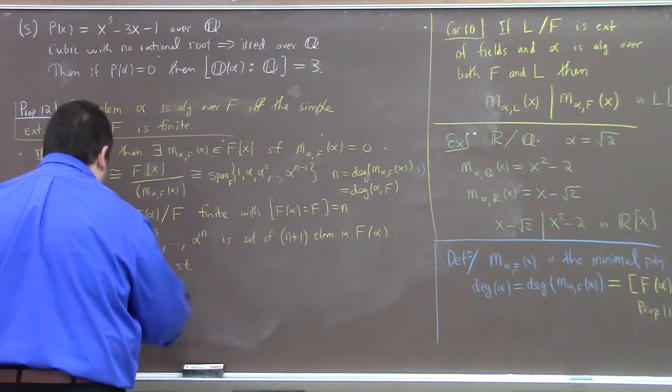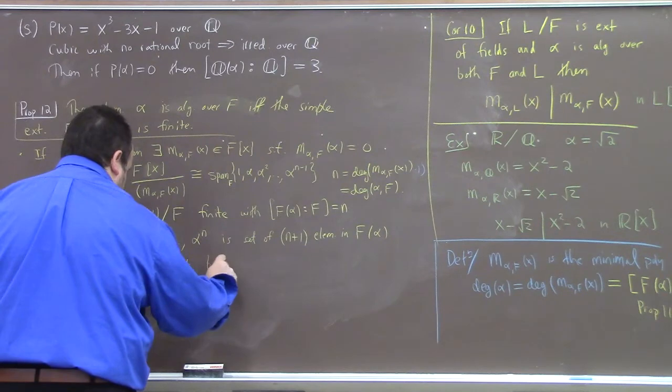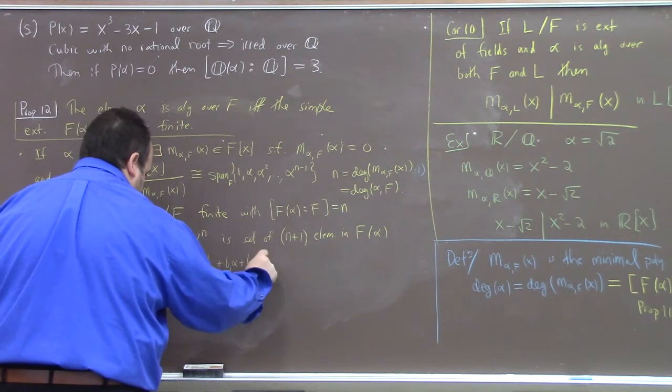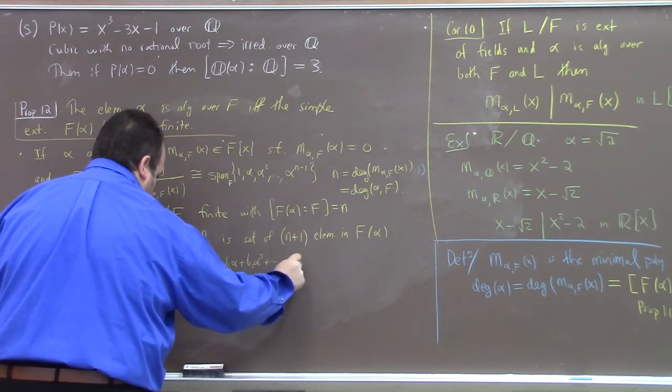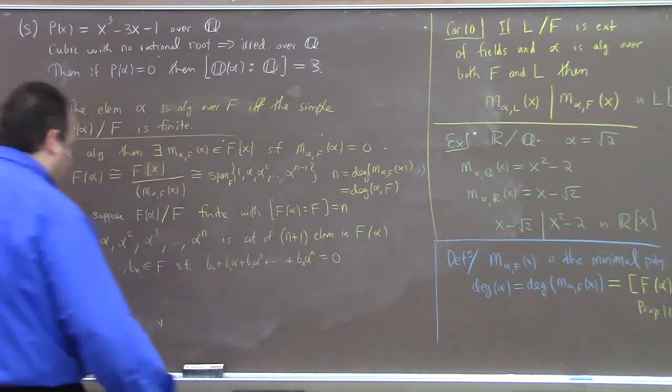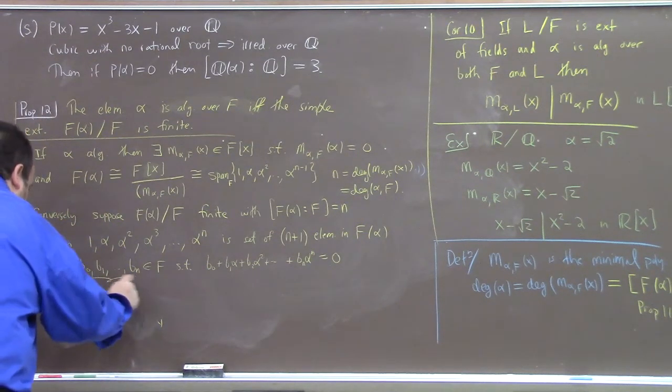such that b0 plus b1 alpha plus b2 alpha squared, up to bn alpha to the n is equal to 0. Not all 0, right?